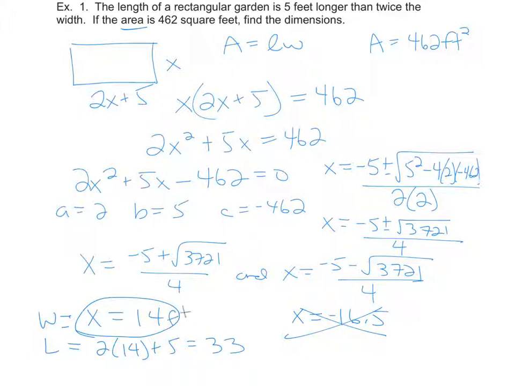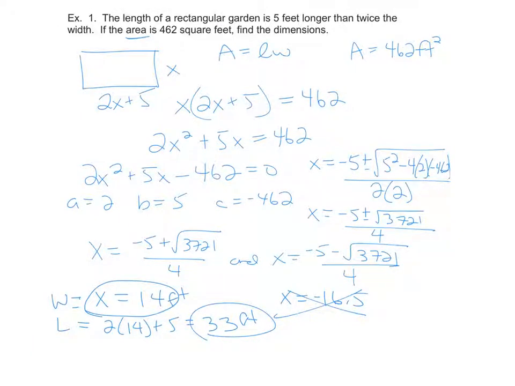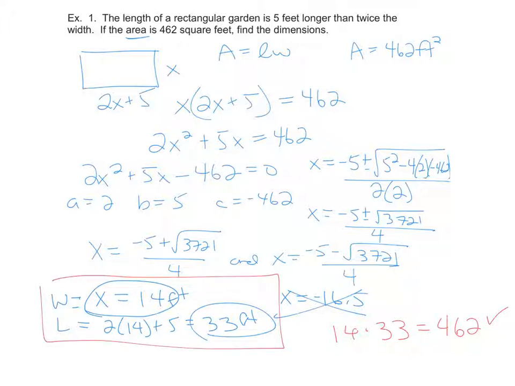And we're looking at feet and feet. Can I verify my answer on this one? Sure, I can take 14 times 33, and that should equal 462, and it does. So I know for sure that these two answers are correct.